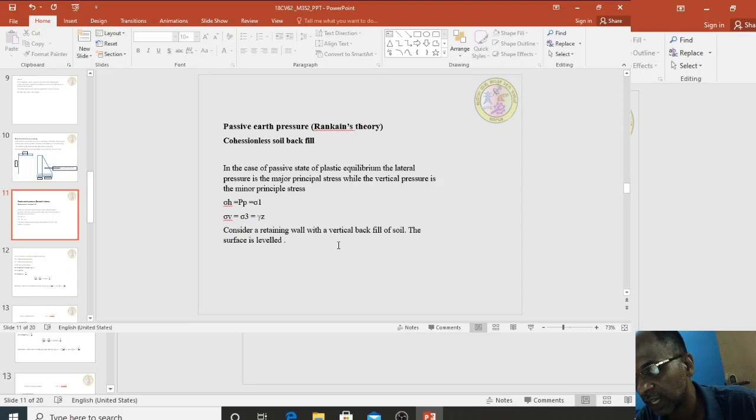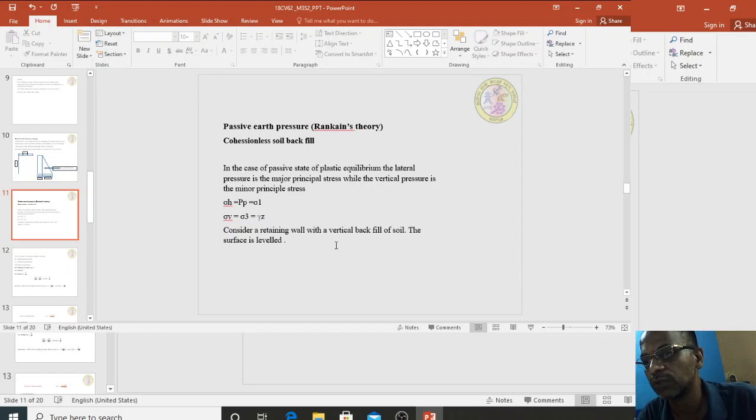As long as the vertical stress is major, the active condition occurs. When the vertical stress is minor, the passive condition can be expected. So consider sigma 1 is equal to sigma h, that is equal to Pp, the passive earth pressure condition. Sigma 3 is equal to sigma v, that is gamma into h.